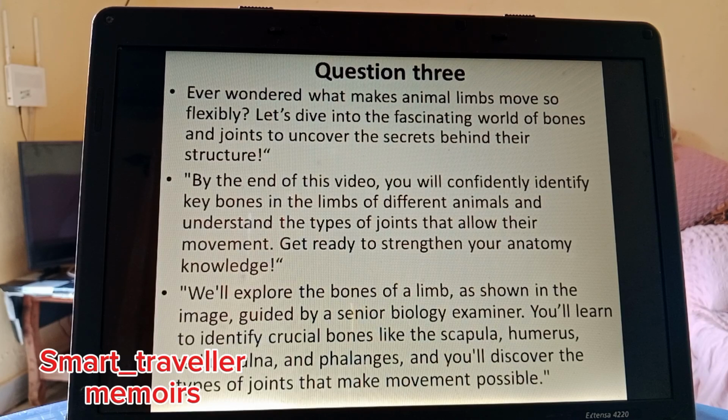Get ready to strengthen your anatomy knowledge. We will explore bones of a limb as shown in the image, guided by a senior biology examiner. You will learn to identify crucial bones like the scapula, the humerus, the radius, the ulna, and the phalanges, and you discover the types of joints that make movement possible.